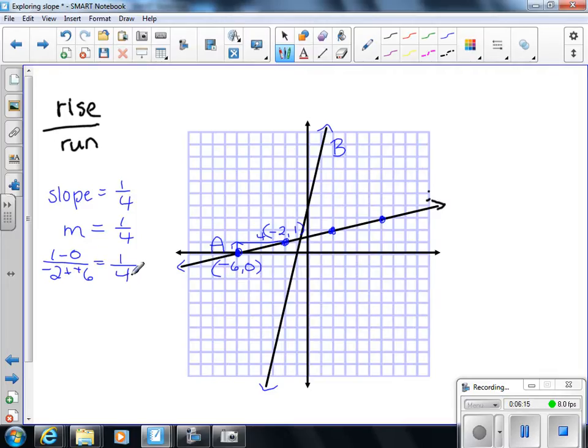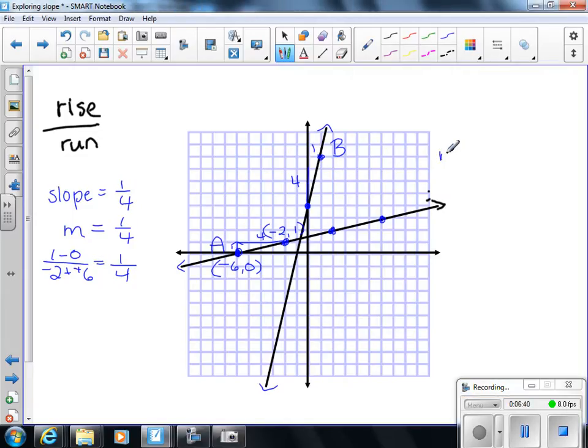Same thing. Okay, let's see if you can find the slope on this one. What did you find out for the slope? Did anybody do the rise over the run? What is the rise over the run? Okay, 4. The rise is 4. 4 over 1.